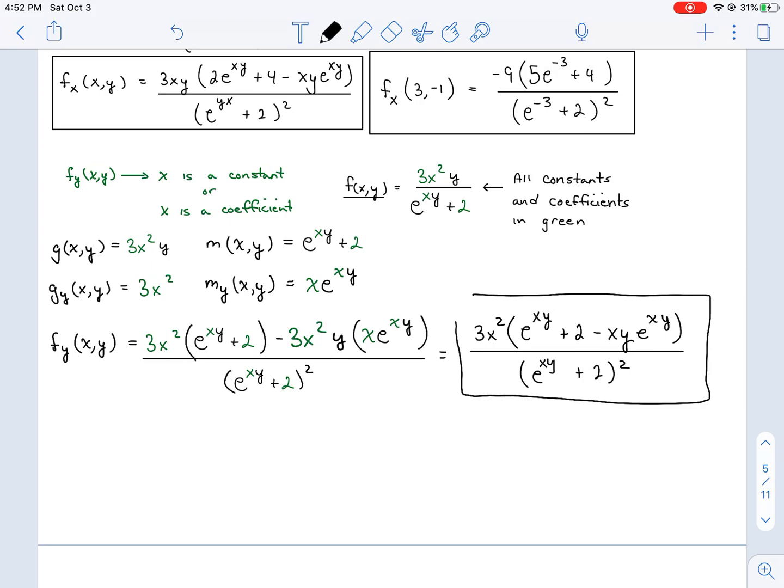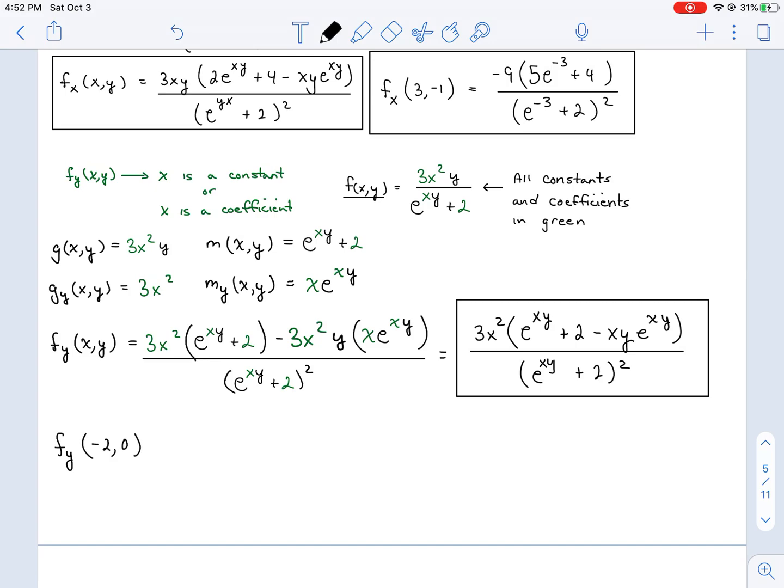And this is the partial derivative with respect to y. And now that we have that partial derivative, we can evaluate the partial derivative when x is -2 and when y is 0.